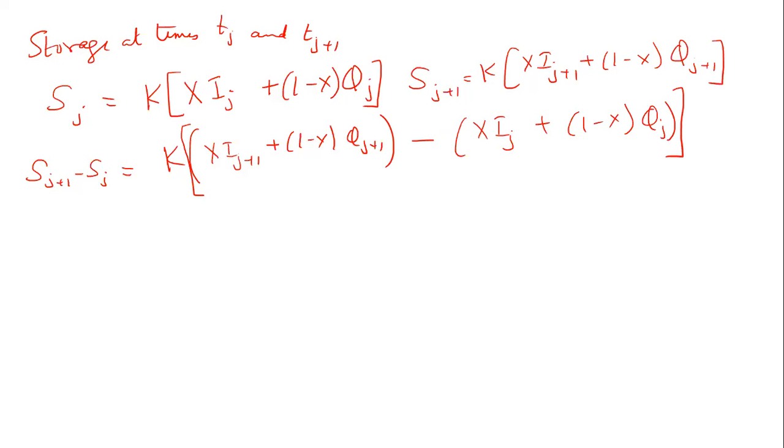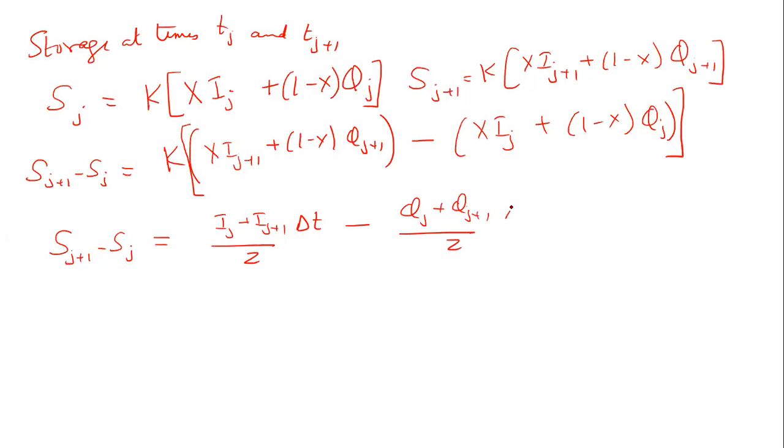Now, if you remember, in the level pool routing method, we also developed a similar equation which looked like this: S j plus 1 minus S j equal to (I j plus I j plus 1) by 2 into delta T minus (Q j plus Q j plus 1) by 2 into delta T. This expression is still valid.